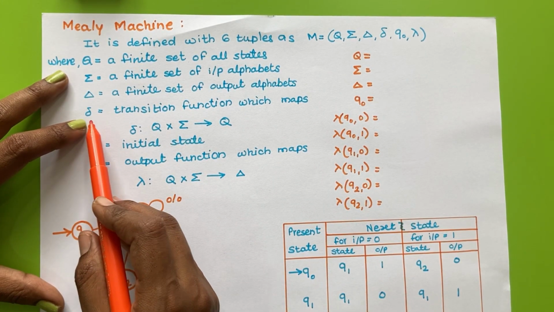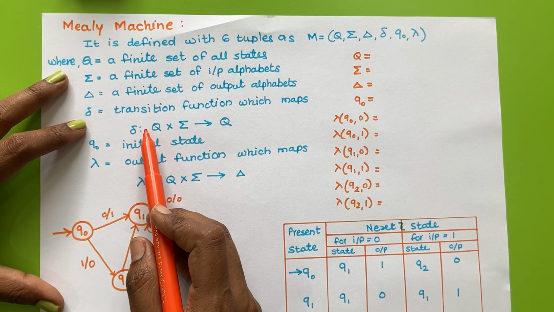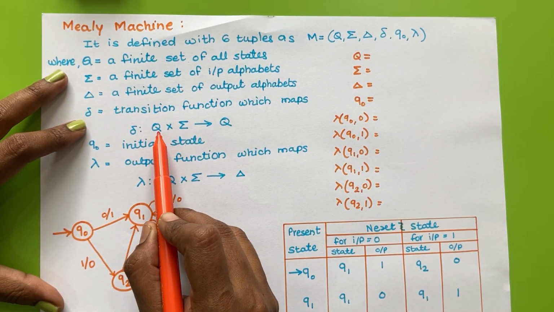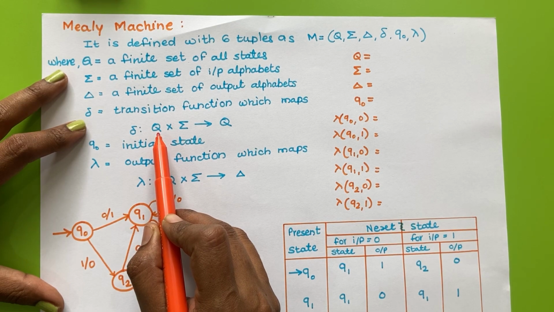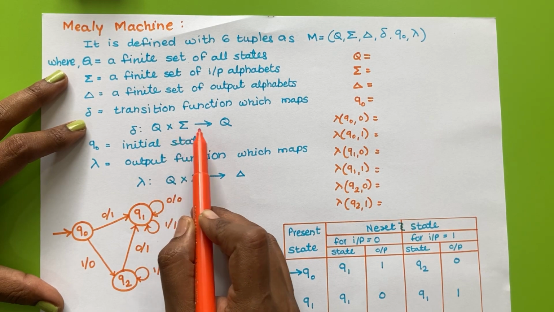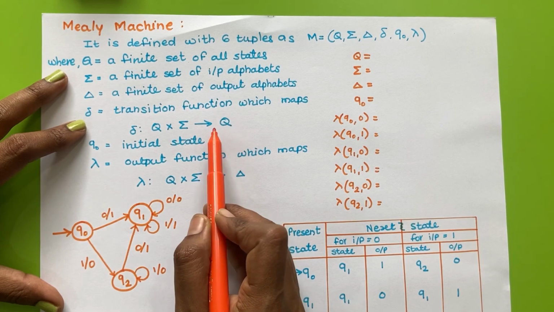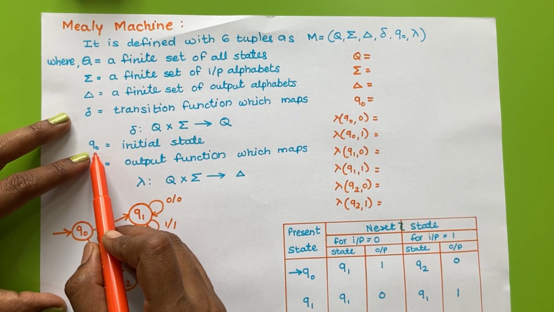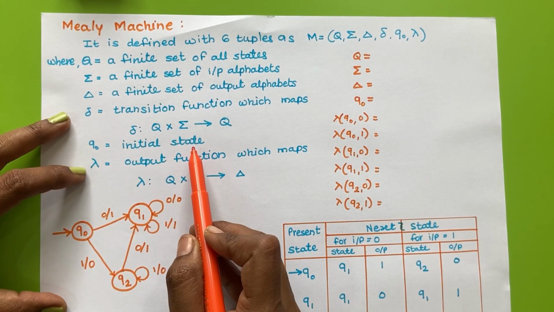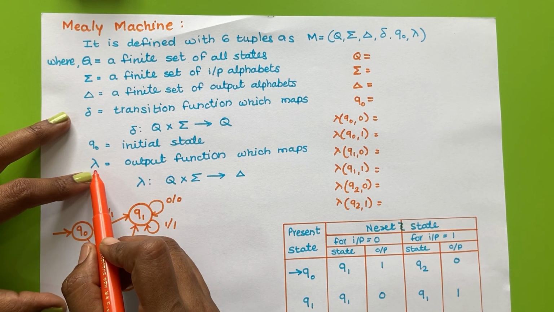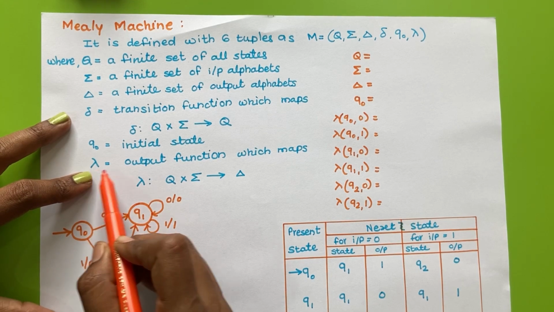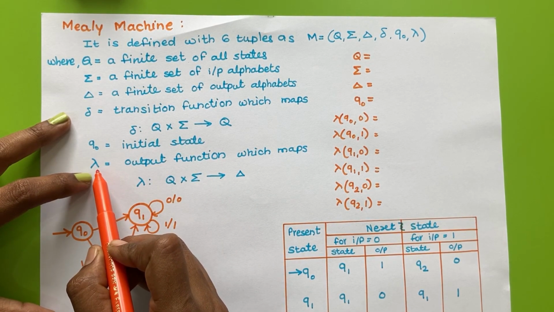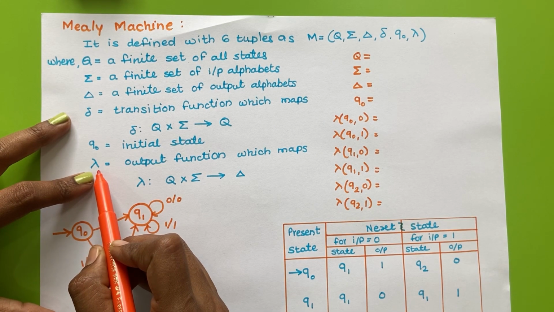Now next is the transition function. Because these are deterministic machines, the transition function is again similar to DFAs, that is Q applied by sigma gives out Q, because we are getting a single state as an output. Next, the initial state. Q0 is again represented as the initial state, and last is the output function. Here the output function of Mealy machine is represented with the help of lambda.